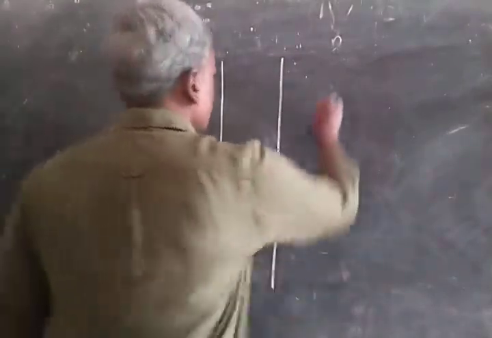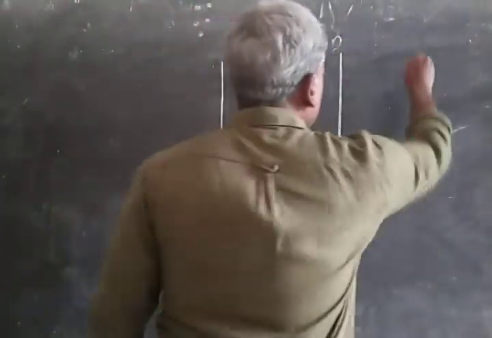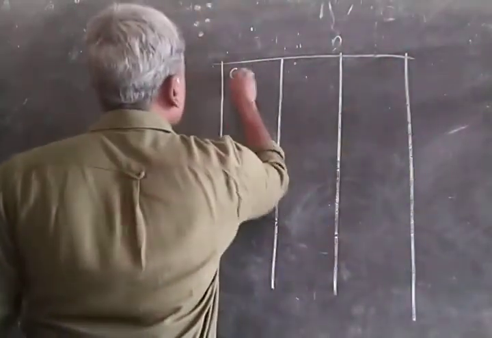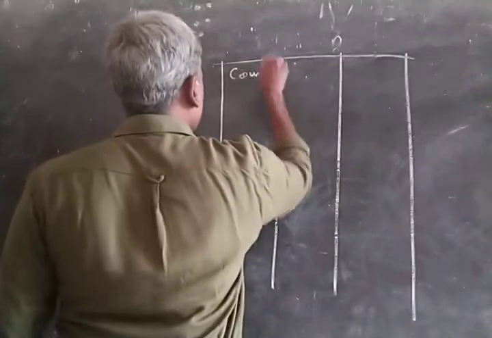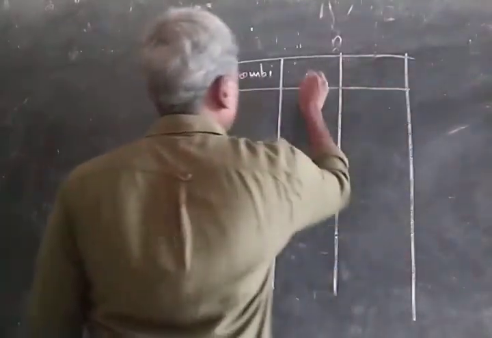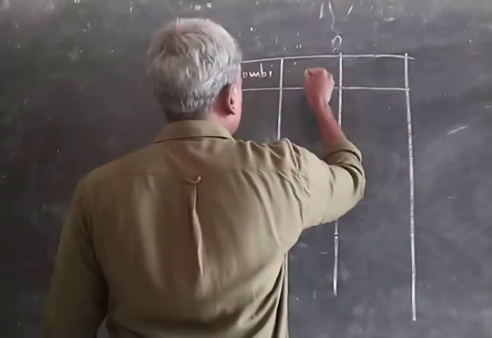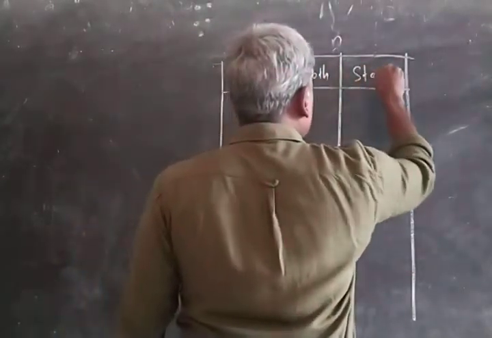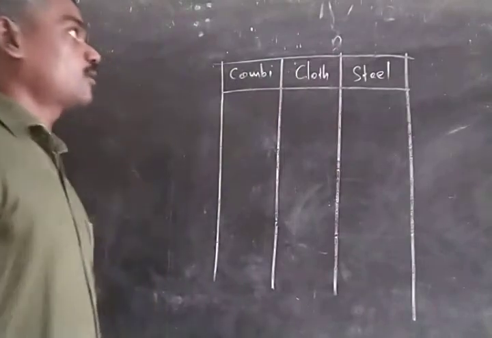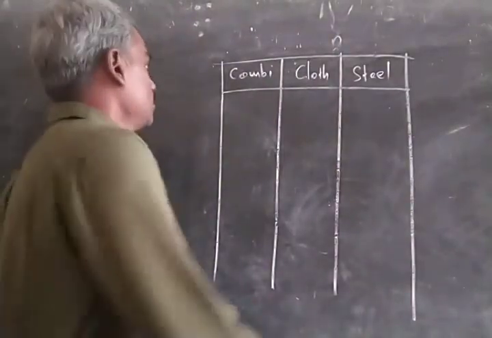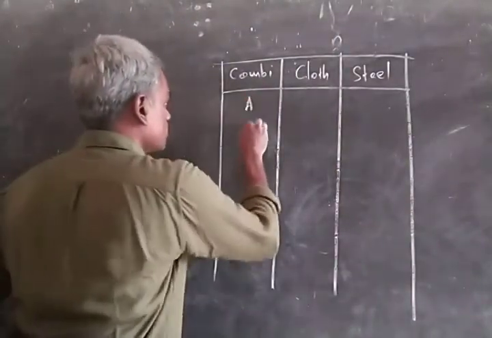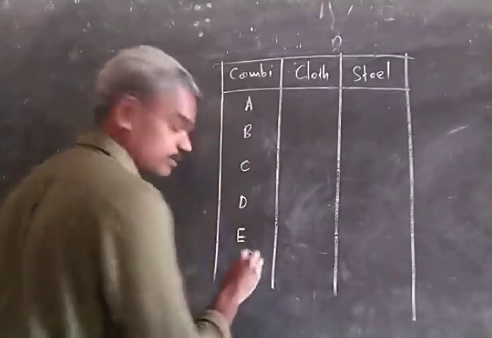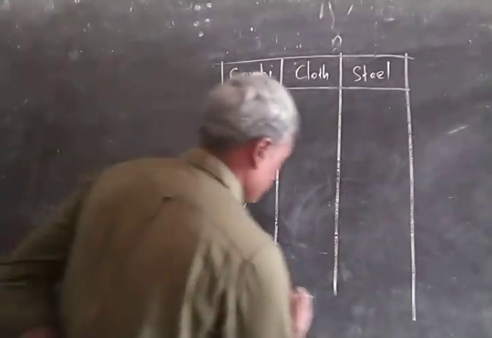The first column shows combinations, the second shows a commodity, suppose cloth, and in the third column we measure the commodity steel. We have six combinations: A, B, C, D, E and F.